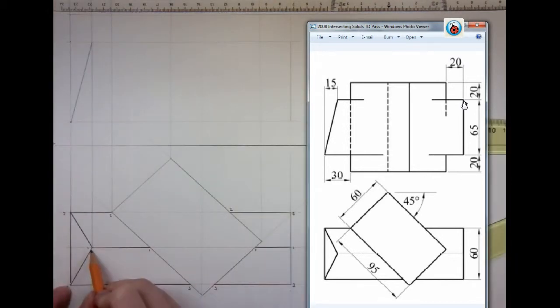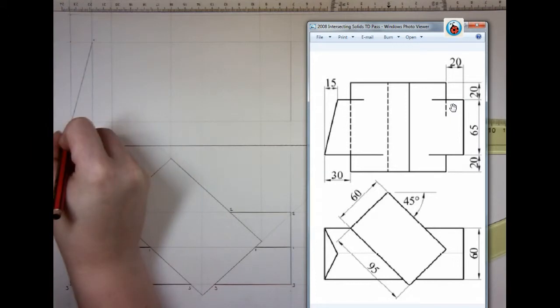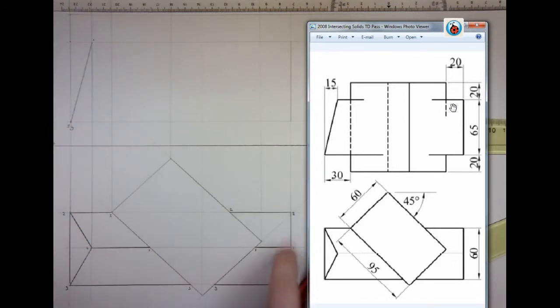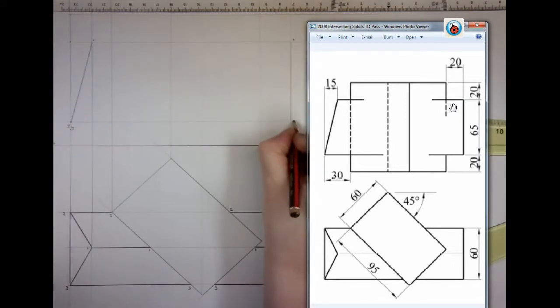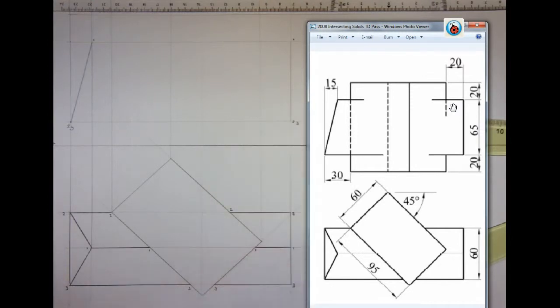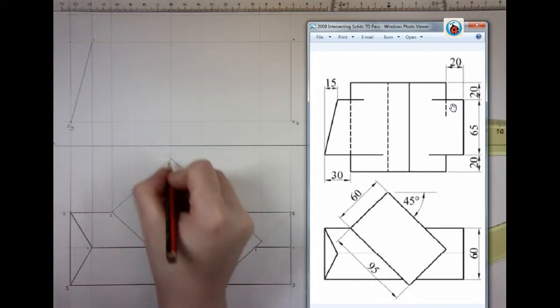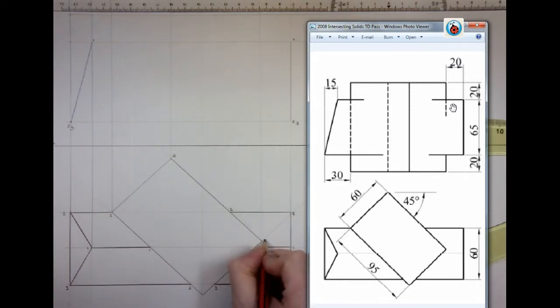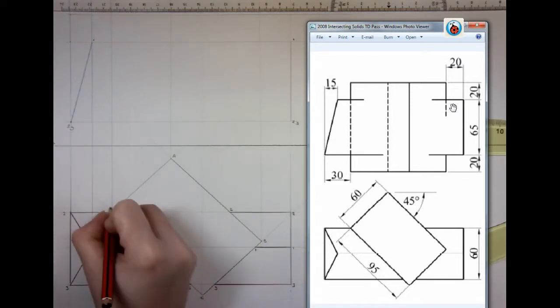Now I have point 1, 2 and 3. And points 1, 2 and 3. Now I encourage you to label both objects separately. So use numbers for one and use letters for the other. So it's going to be A, B, C and D.